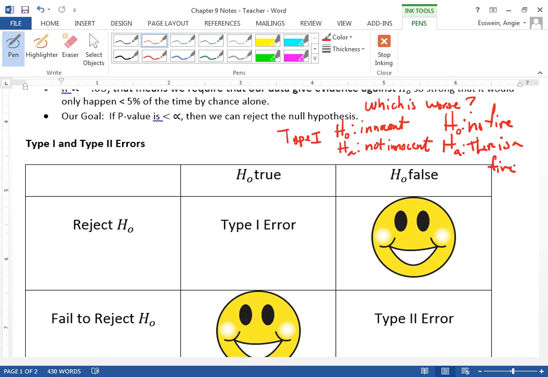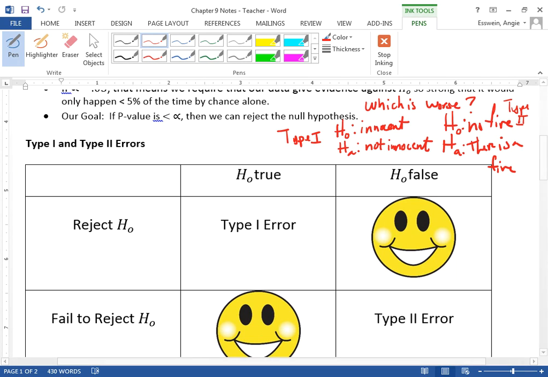So we think there's no fire when there is a fire. Which is worse? Clearly type 2. A false alarm is fine, but if the alarm doesn't go off... So the answer to which is better is, it depends on the context.